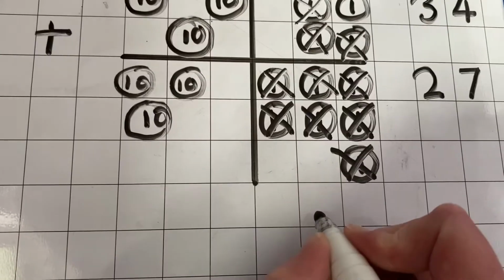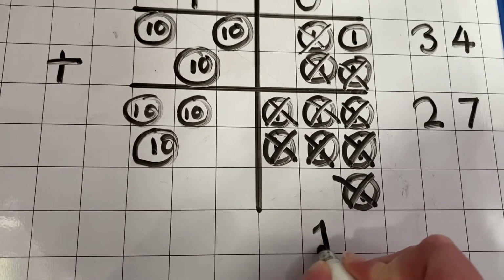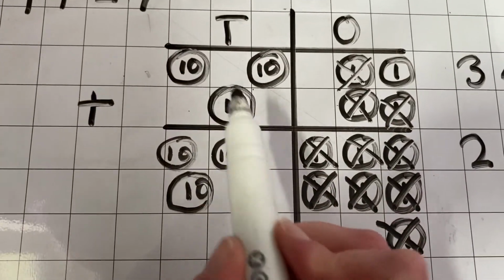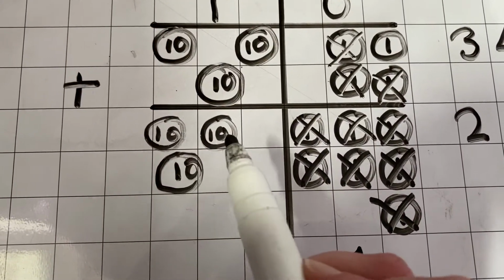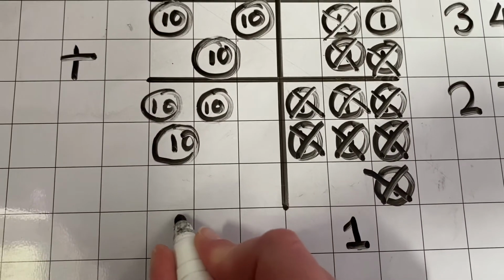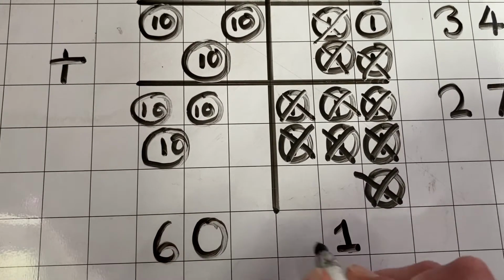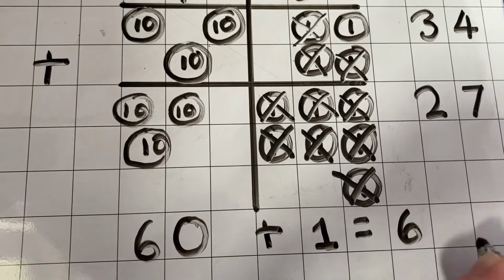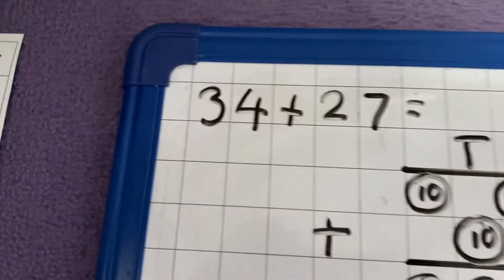So here I have 1 in the ones column left, and I have 10, 20, 30, 40, 50, 60 in my tens column. Therefore, my answer is 61.